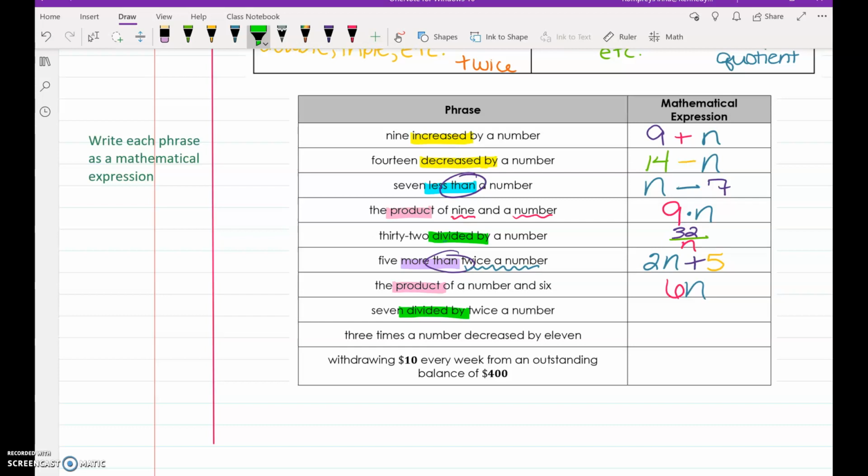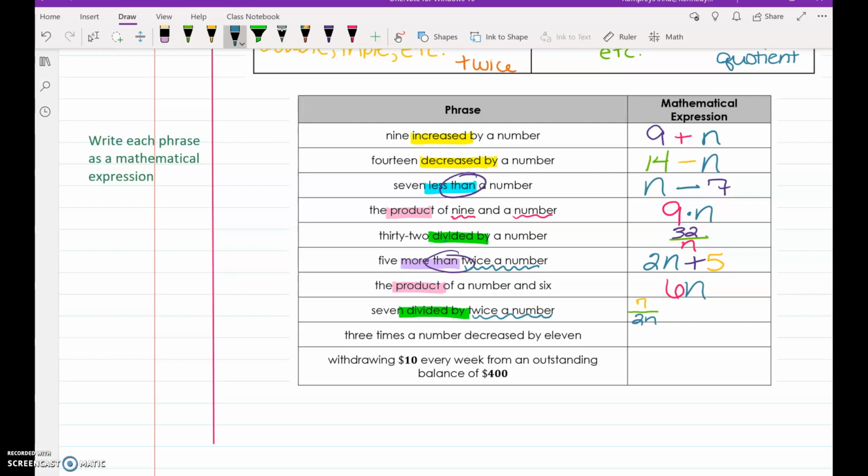All right, so 7 divided by twice a number. So I begin with 7. Oh, I need to show you guys something, so I'm going to write it off to the side. So 7 divided by twice a number. I like to write division vertically.